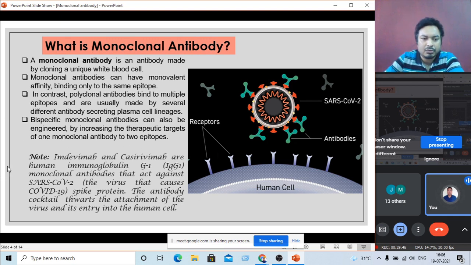These are called imdevimab and casirivimab. These two are monoclonal antibodies produced only for the spike protein, by a group of scientists before the vaccination.